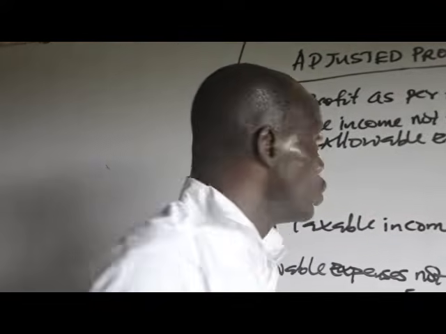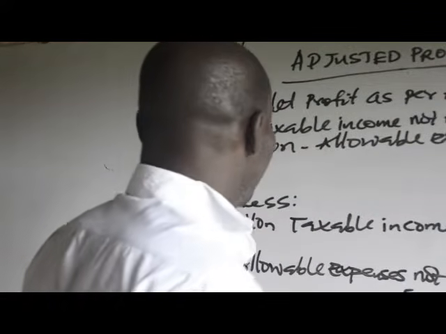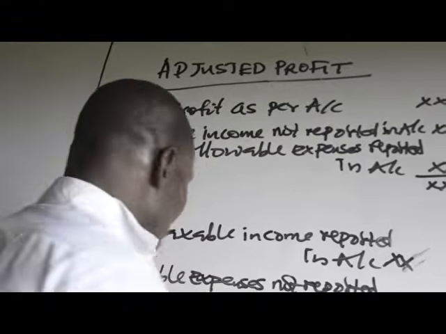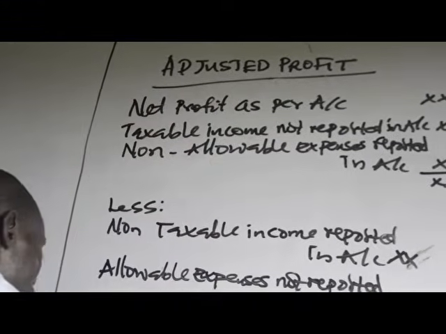In this part 2, I am going to consider the computation of adjusted profits, starting with taxable income.